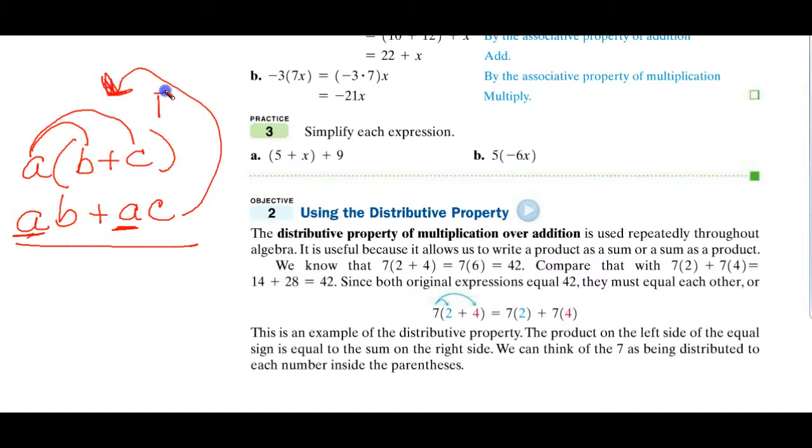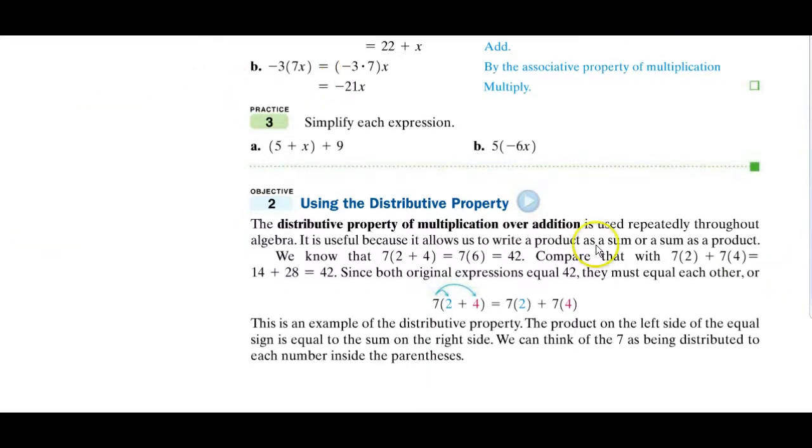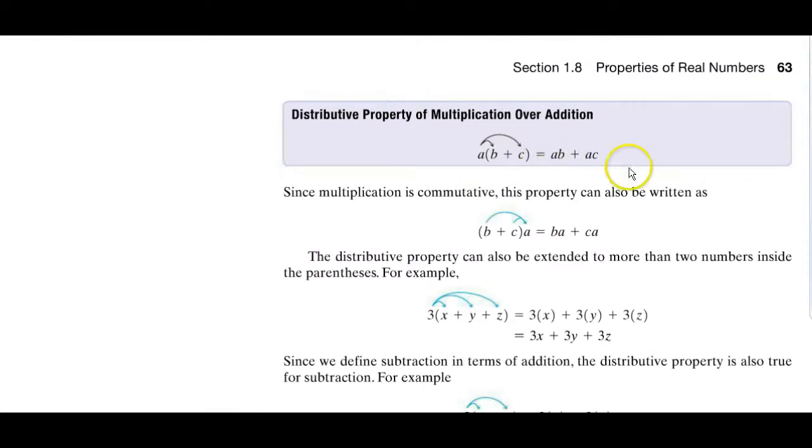That's called factoring. Factoring out the letter A, a common factor, and then you end up with something like this. So keep that in mind. And here we see it.